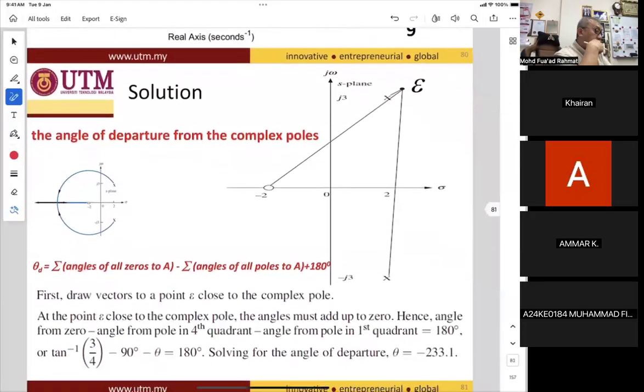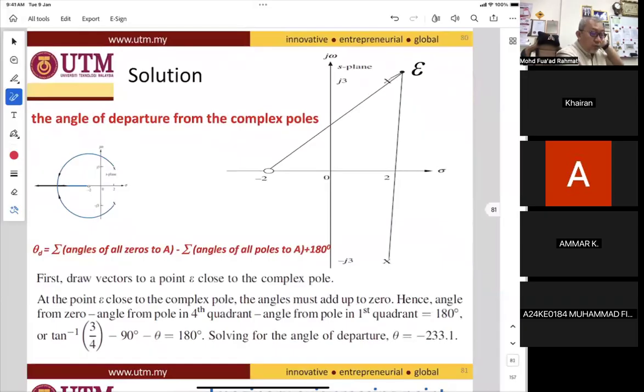Then angle of departure, as I showed you before. We put any point near to the complex conjugate pole, let's say it's epsilon. Then we use the angle criteria, which is arctangent 3, 4 from the triangle, minus 90 degrees minus theta equal to 180 degrees.